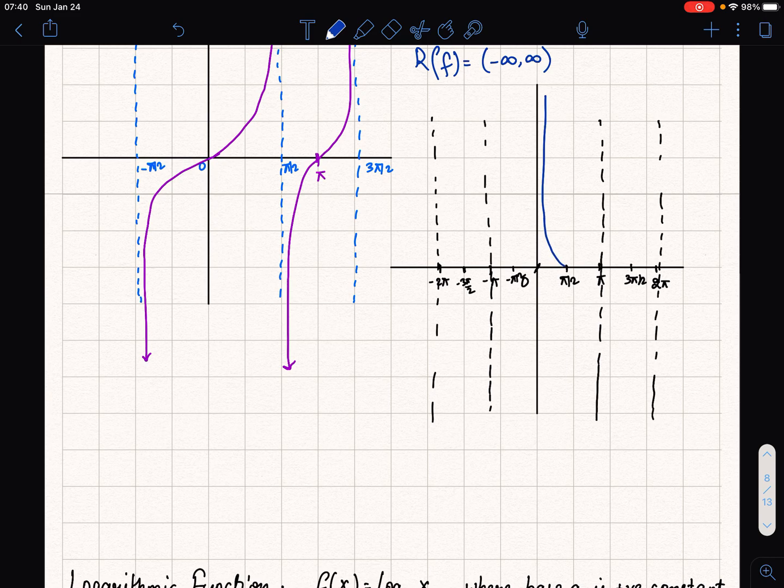At pi by 2, it crosses the x-axis and goes towards negative infinity as it approaches pi. Similarly, at this point, again from infinity, goes to 0 at 3 pi by 2 and again approaches negative infinity. Similarly, from infinity, goes to 0, approaches infinity, negative infinity, and so forth.